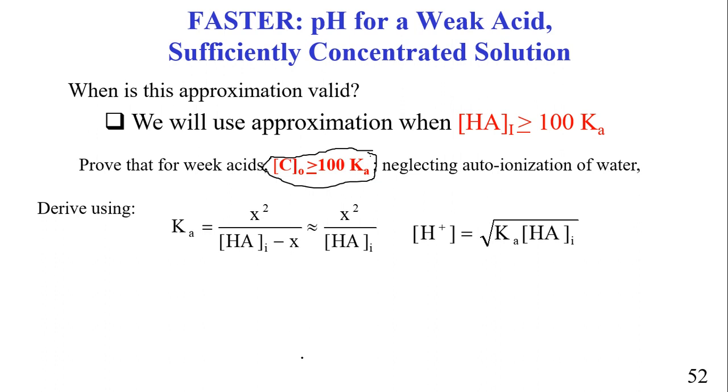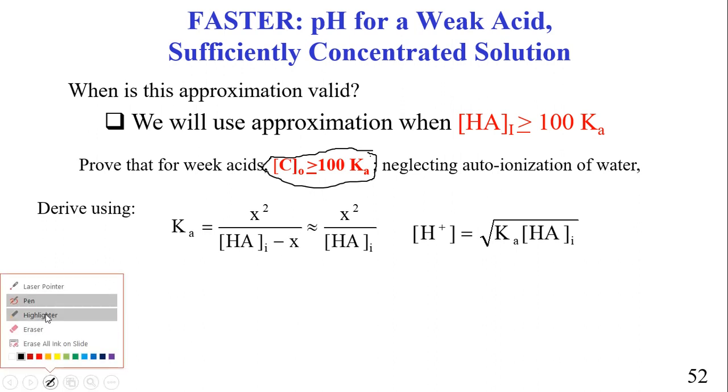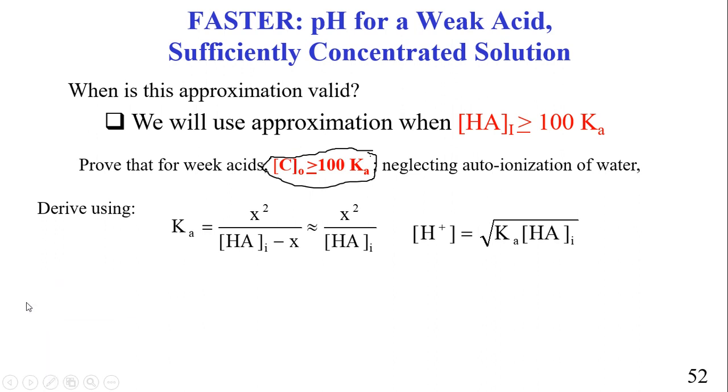Now, there are some textbooks and some people that simply neglect X and say, oh, I'm just going to assume X is negligible. So they assume that X is negligible, and once they assume it, they try to test it afterwards, and they say, is it really negligible?